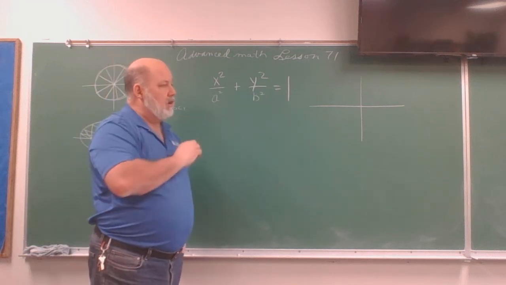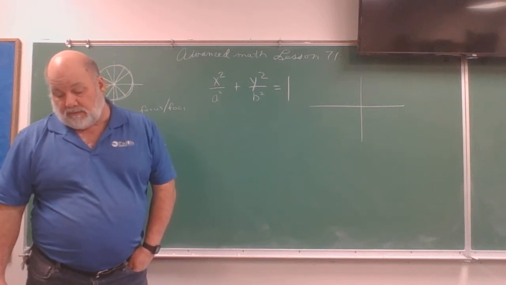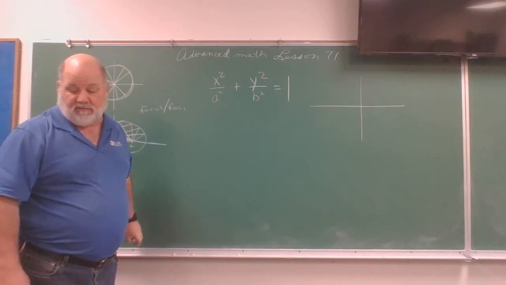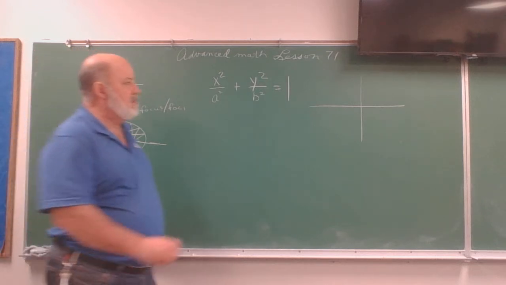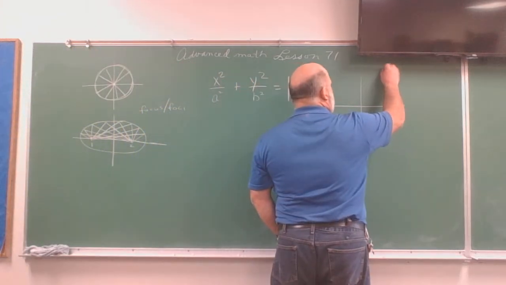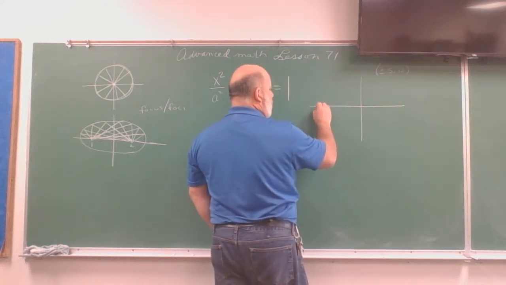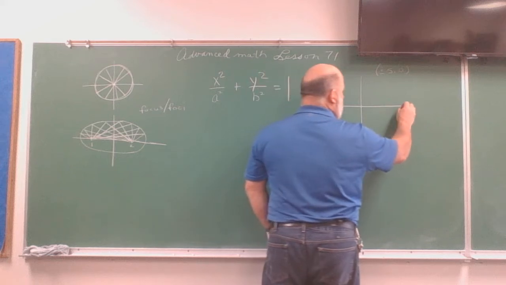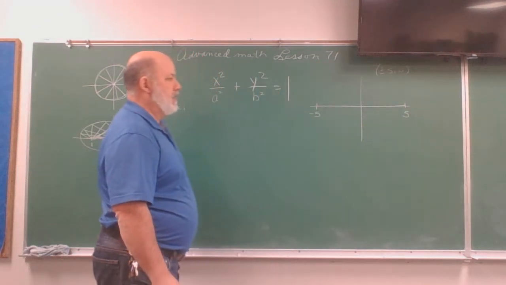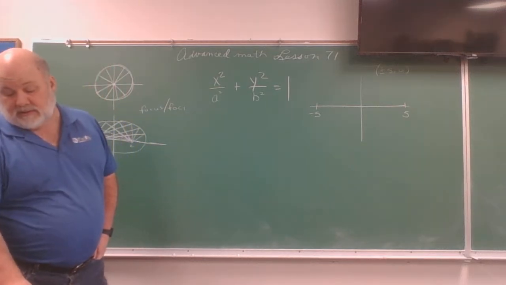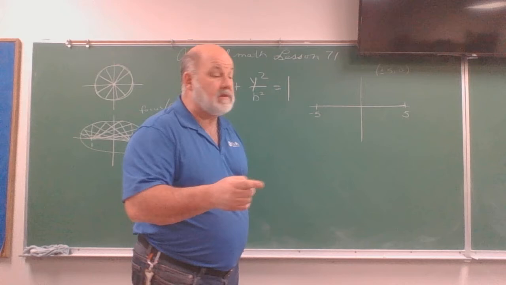Okay? We're going to look at the very first example, middle of page 353. It says, write the standard form of an equation of the ellipse with the vertices at plus or minus 5, 0. Meaning, out here at negative 5 and out here at positive 5 are the vertices.